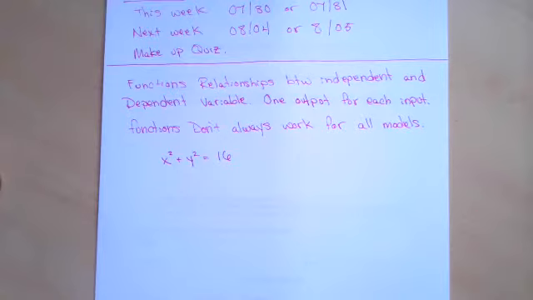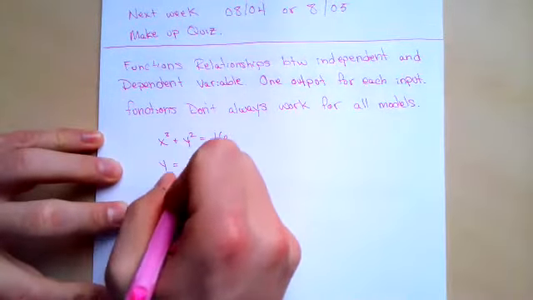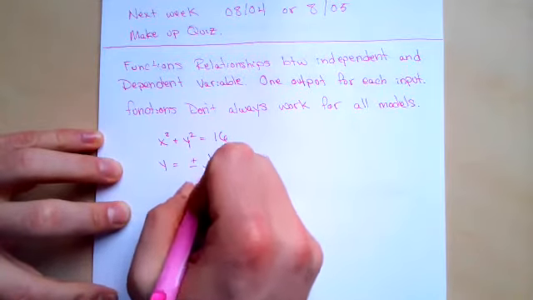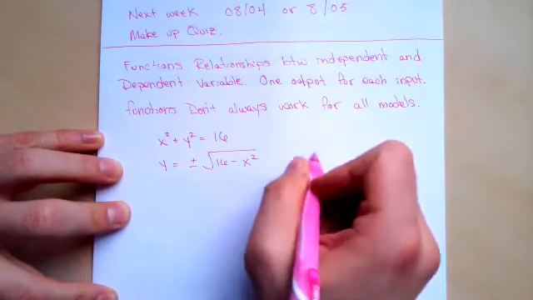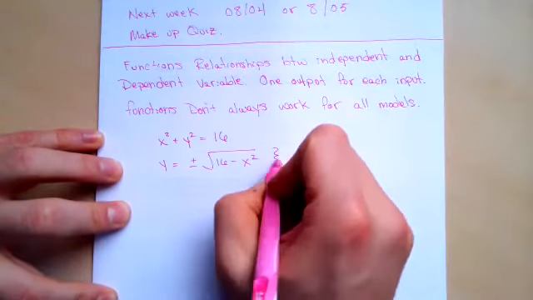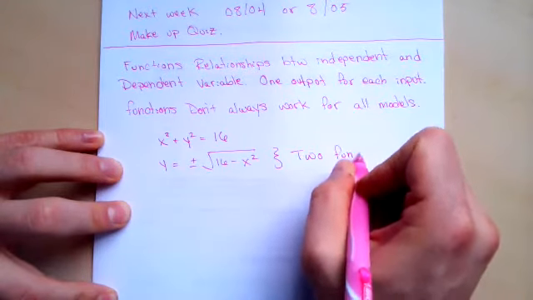And our problem is that if I try to solve for y, we actually have this plus or minus. And we have to model a circle with 2 functions.